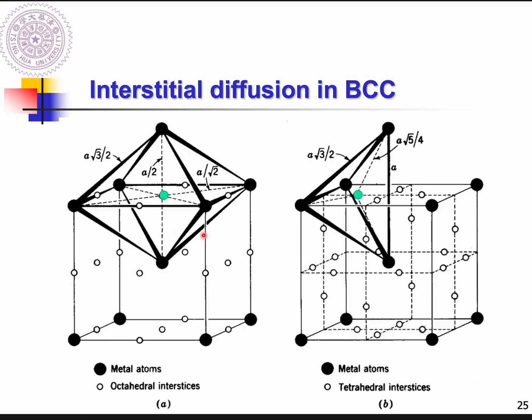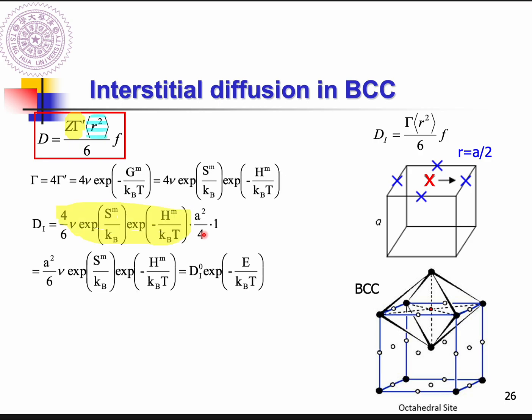interstitials to jump through. Okay, some students ask me about this, but in this case, we assume, in order to simplify and make it easy to estimate the diffusivity of interstitials, the questions usually will make some assumptions. For example, that these interstitials jump through octahedral interstitial sites. Under this situation, you get the diffusivity of these interstitials.